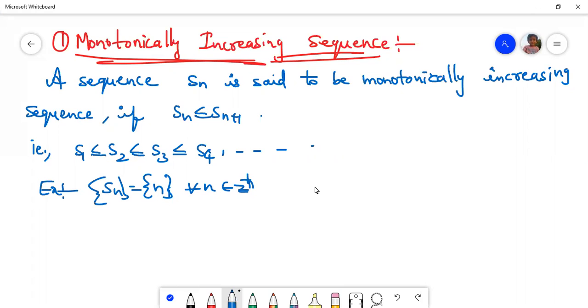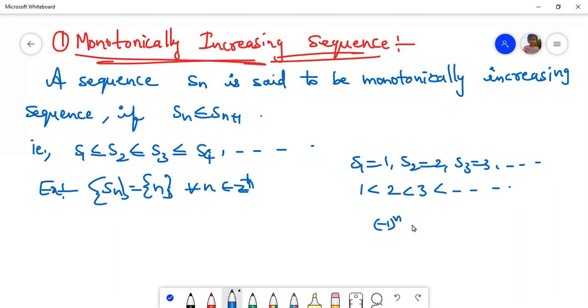Sequence Sn equal to n. Here we can take S1 equal to 1, S2 equal to 2, S3 equal to 3, and so on. And here 1 is less than 2 is less than 3, and so on. So the relation is satisfied. But minus 1 whole power n is not monotonically increasing.